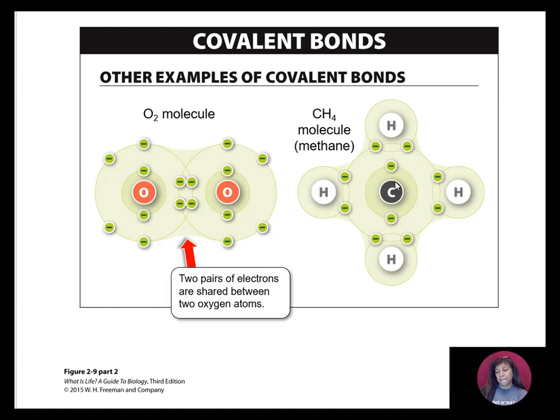Here we have carbon sharing its electrons with hydrogen, and it's actually 4 hydrogens here, because remember, carbon had 4 open vacancies in its outer shell. Hydrogen had 1 electron, and so they are covalently sharing the electrons in order to become more stable. So different atoms can actually covalently bond together.